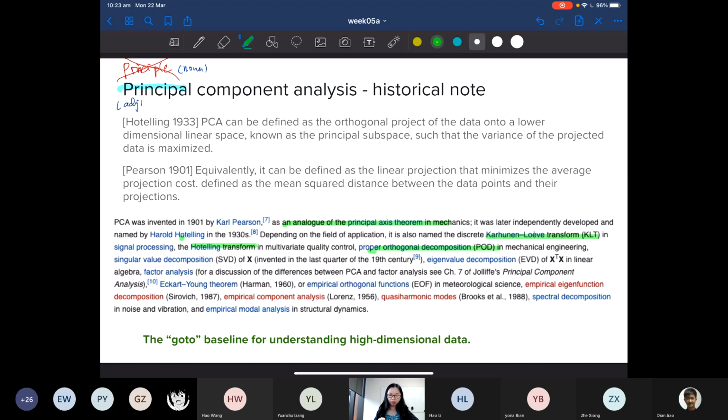And there are other names: empirical orthogonal functions in meteorological sciences, empirical eigenfunction decomposition, empirical component analysis, quasi-harmonic modes, spectral decomposition, empirical modal analysis in structural dynamics, and so on.